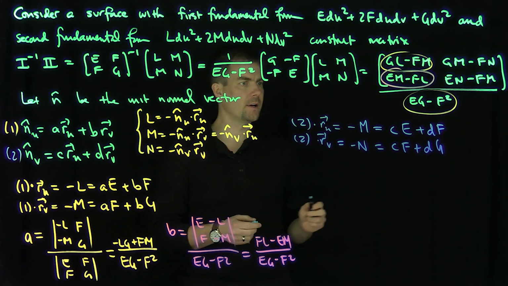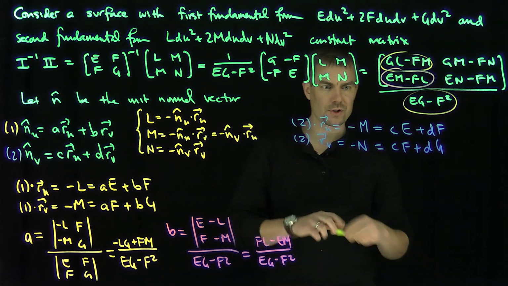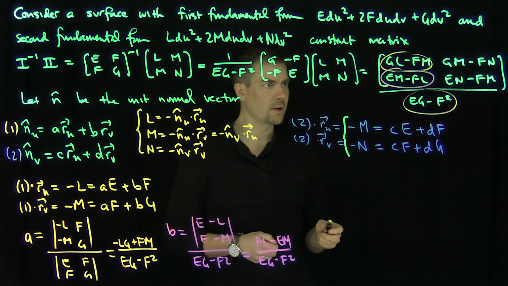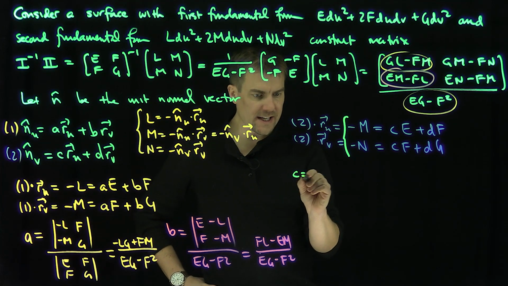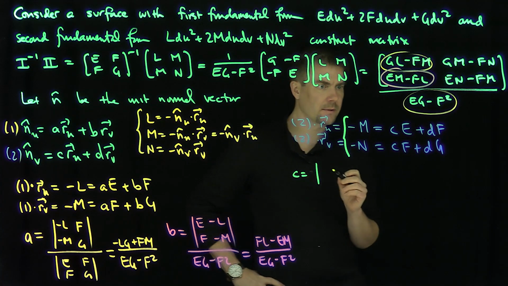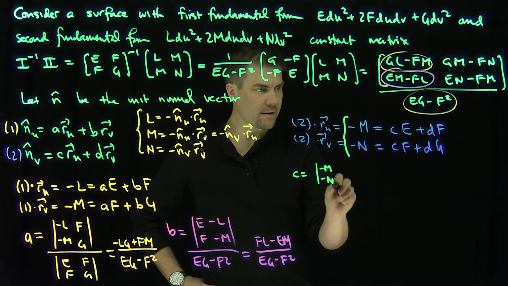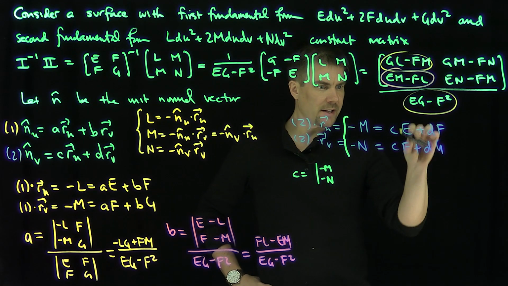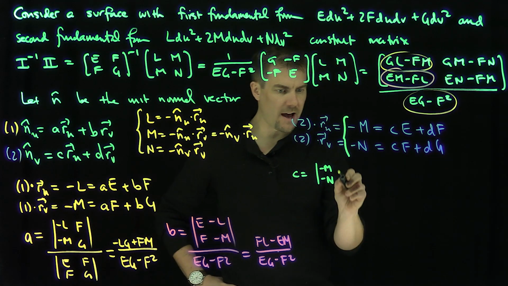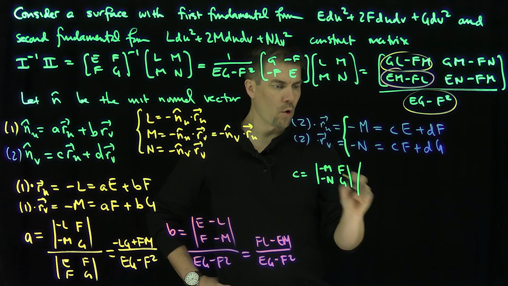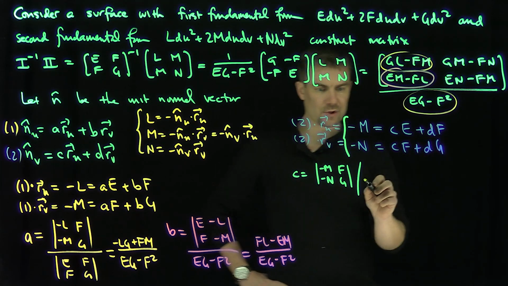Okay, excellent. Again, we have 2 equations and 2 unknowns over here, so let's solve these equations. What are we going to see? The coefficient C is going to be the determinant of what? The determinant of negative M and negative N. I keep the other column the same, so I'm going to have an F and then a G, over the determinant of the coefficient matrix, which is EG minus F squared.